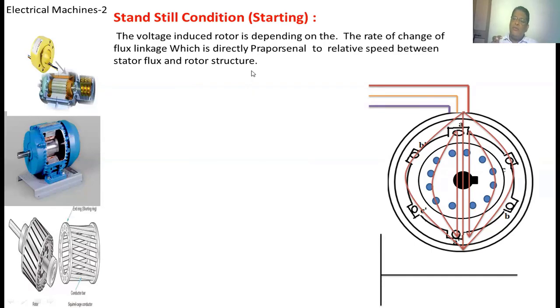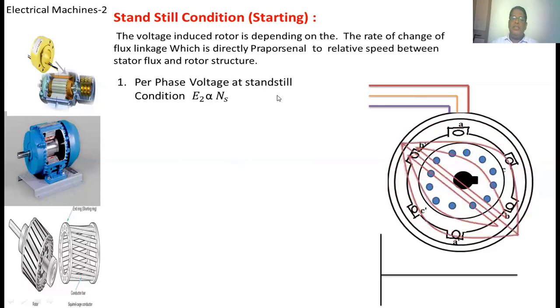How much voltage is induced in a rotor bar is highly dependent upon the relative speed. So the per phase voltage at standstill, E2, is proportional to Ns. It also depends on the remaining parameters, but those are constant from the standstill condition to the running condition. So we can say very easily that the rotor voltage is directly proportional to the relative speed between the stator flux and the rotor.